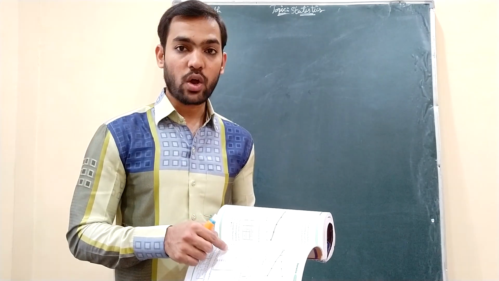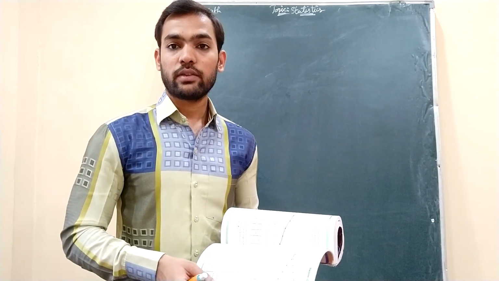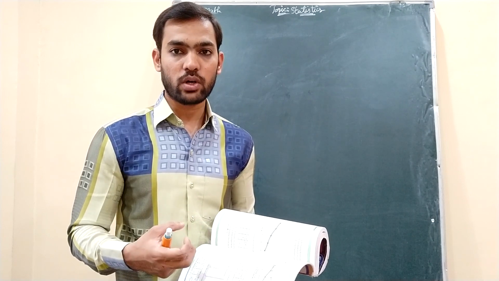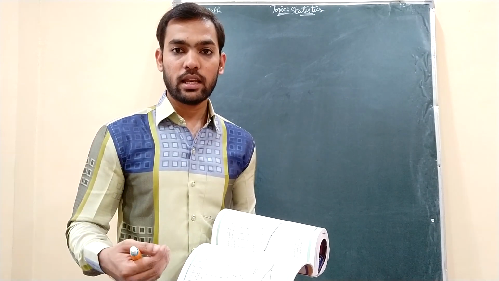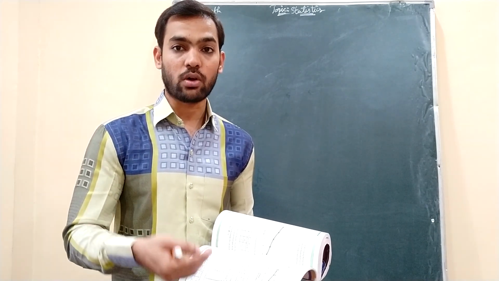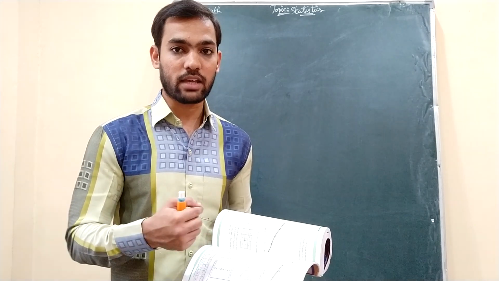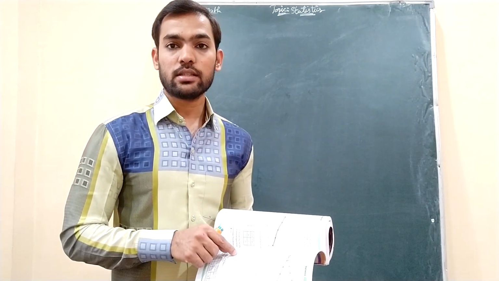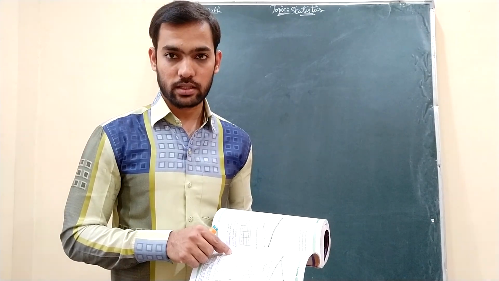So this table is not sufficient if you want to verify the median using the formula, because you need values like L, the lower boundary of the median class, the cumulative frequency of the class preceding the median class, and also the frequency of the median class, the f value. This table is of less than type cumulative frequency distribution.